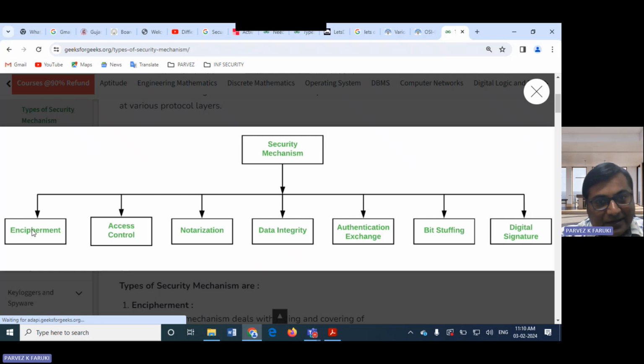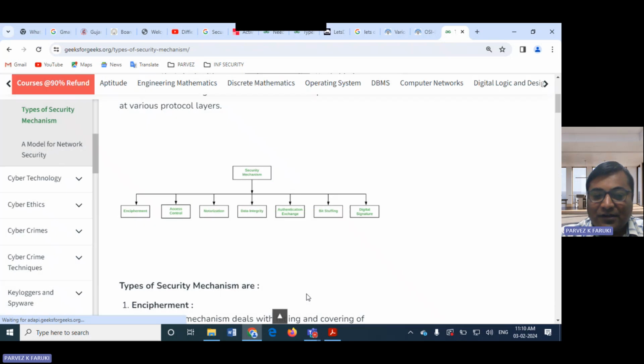If I am encrypting the data, Eve would identify ways and means to break the encryption without having access to the key. So it is important to remember, mechanisms are ways for protection. An adversary would always find use cases so that they are able to attack these security mechanisms.